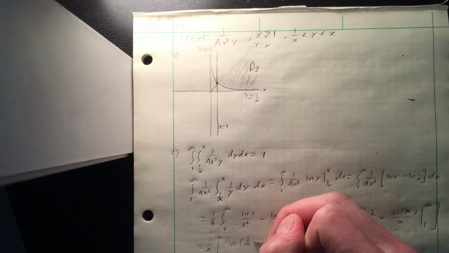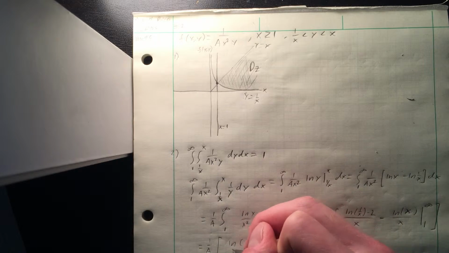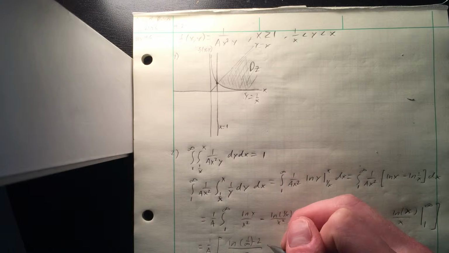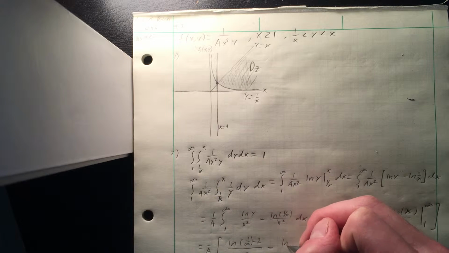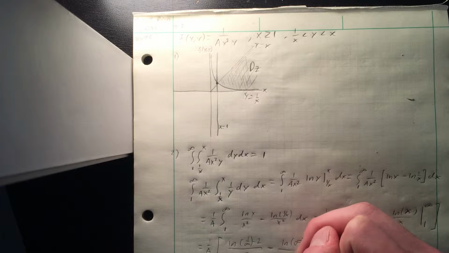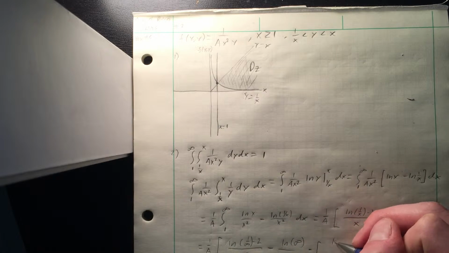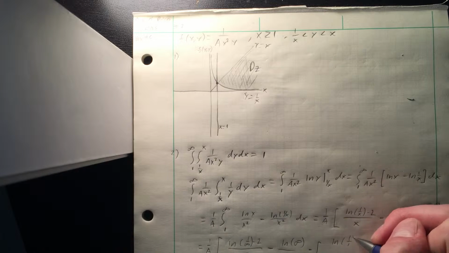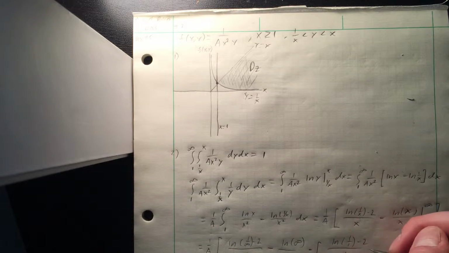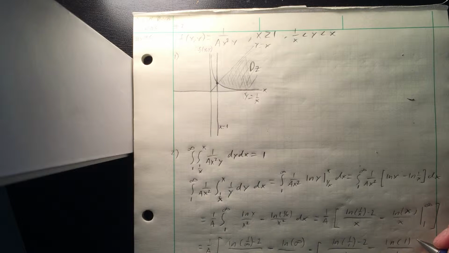1 over infinity minus 2 over infinity minus ln of infinity over infinity, minus the ln of 1 over 1 minus 2 over 1 subtracted by ln of 1 over 1. And a couple of things cancel out here.